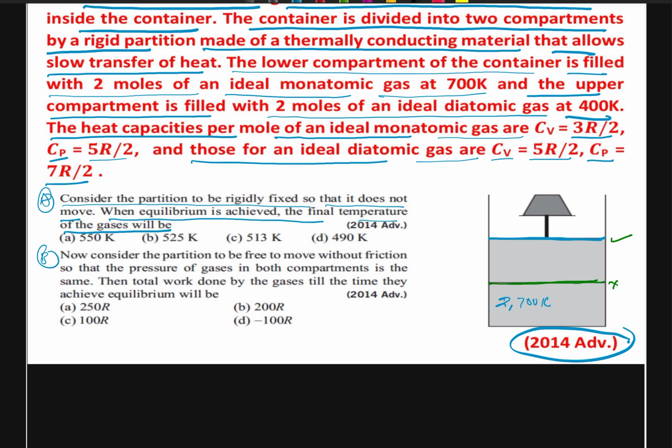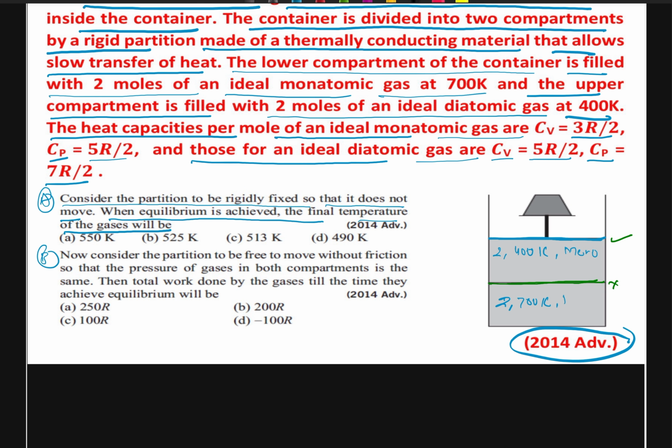And the upper one is once again 2 moles, at 400 Kelvin. The upper is a diatomic gas, and the lower one is a monatomic gas.